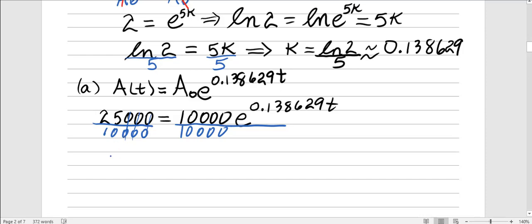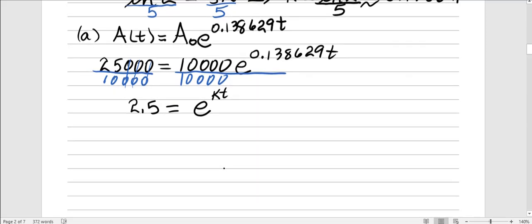So I wind up with 2.5 equals my exponential. And right now I'm just going to put k in instead of this long value of k. kt. We know what k is, and I'll fill that in later.